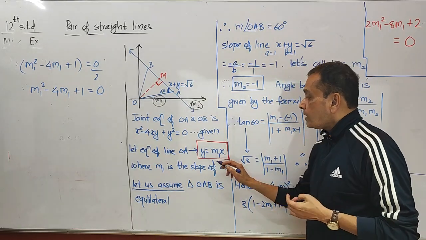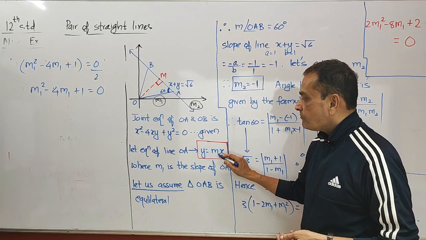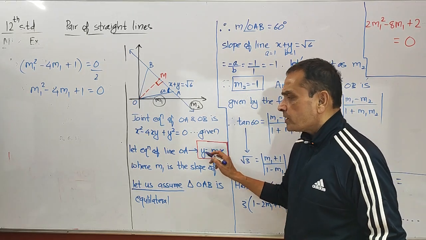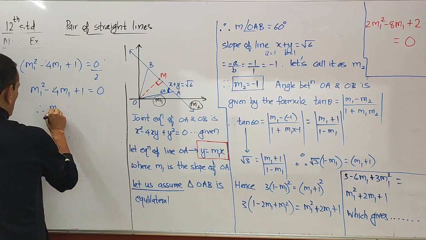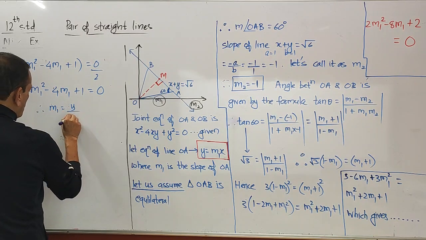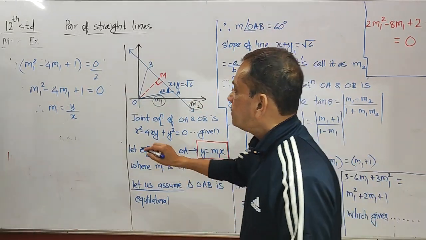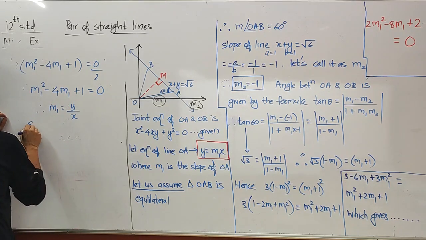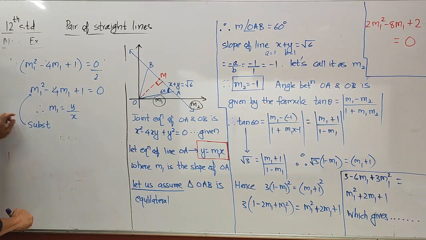So from this equation, y is equal to m1x. What is the value of m1? सिंपल बात है, m1 will be equal to y upon x. Okay, now put this value, यहां पे सब्स्टिट्यूट करो. For m1 write y upon x.